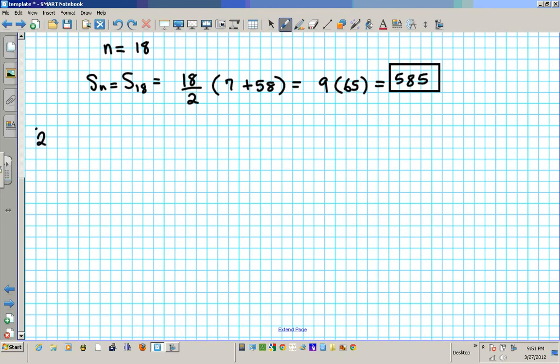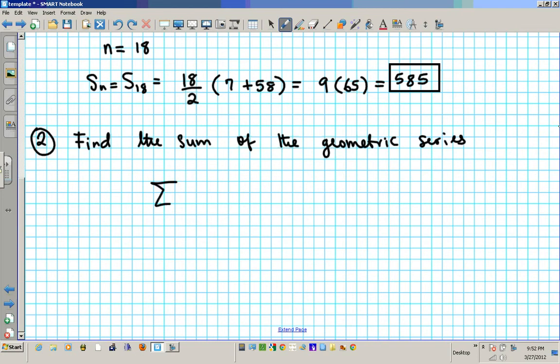So for number 2, find the sum of the geometric series expressed by sigma, the sum from j equals 1 to 7 of 4 times 3 to the j minus 2.